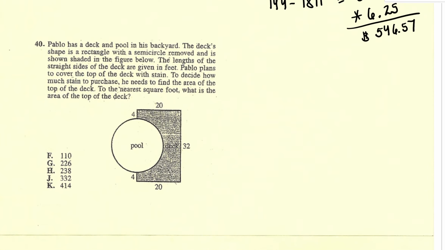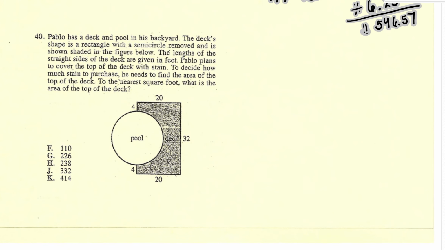All right, last one, very similar. Pablo has a deck and a pool in his backyard. The deck is in the shape of a rectangle, we can see that, with the semicircle removed. That's the pool part. The lengths of the straight sides are given, and he wants to cover that with stain. To decide how much stain to purchase, he needs the area. So let's find the area of that deck.